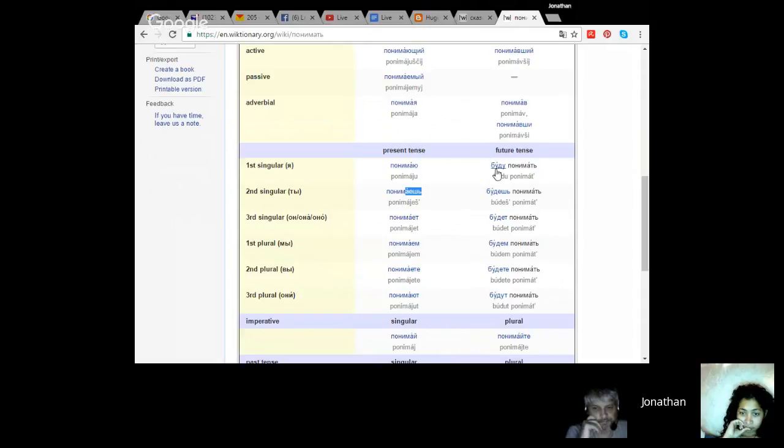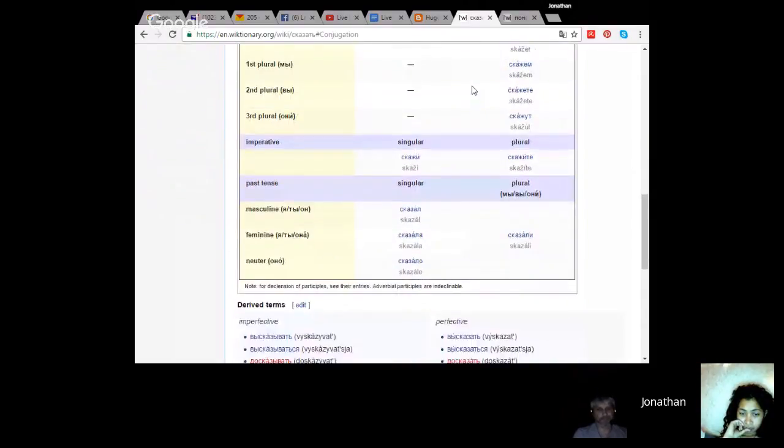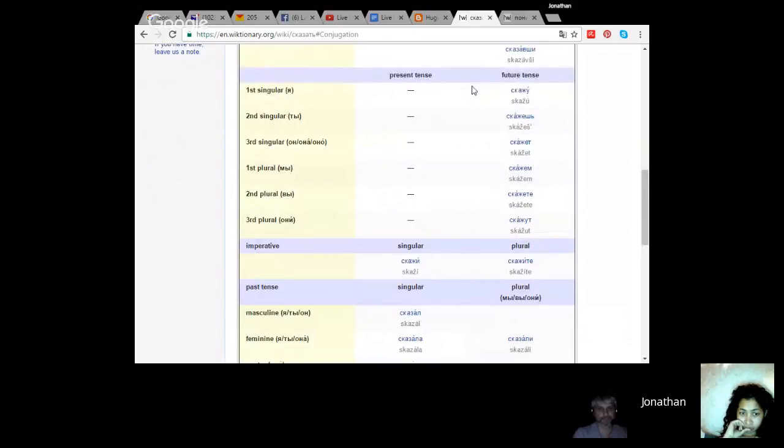And technically, if you look at skazat, the perfective verb, it conjugates as if it were a present tense, but its meaning is future. That took me a while to get my head around. Its actual conjugation looks like it's being conjugated like a present tense verb, but its usage means I will speak, or I will say, or I will tell.